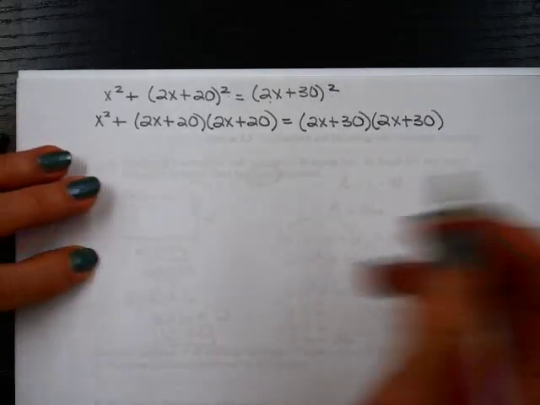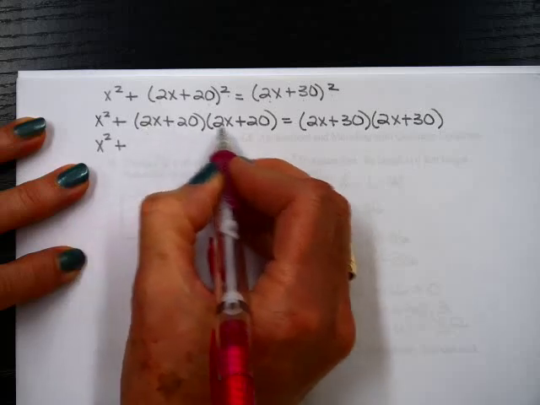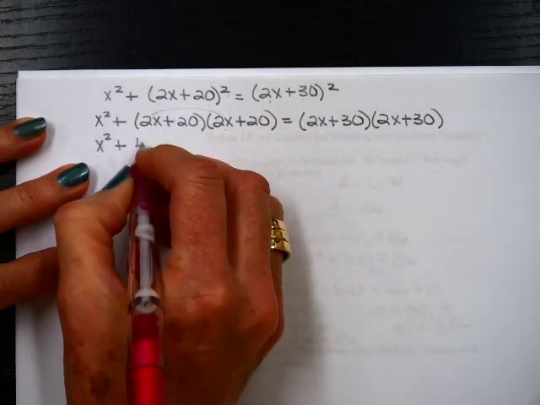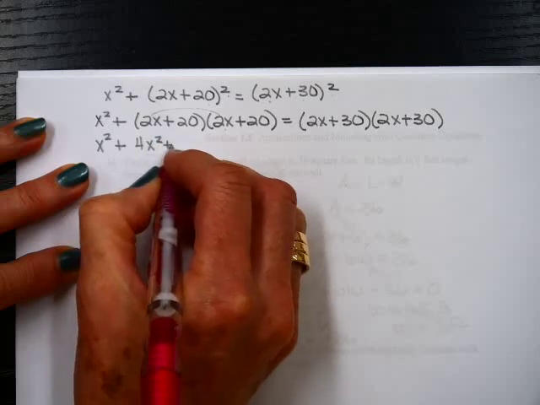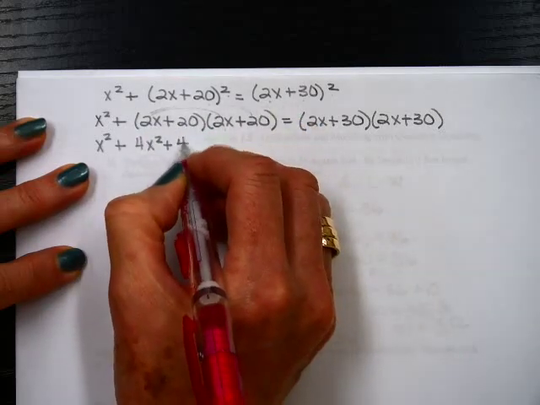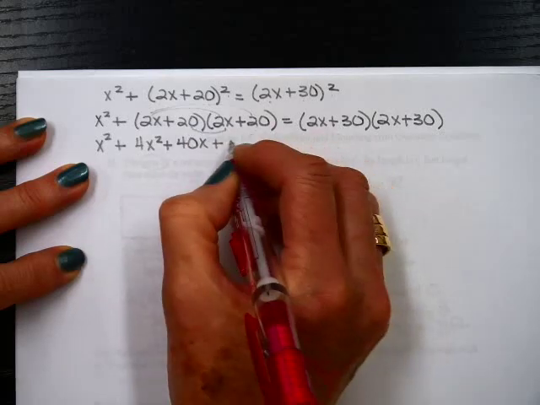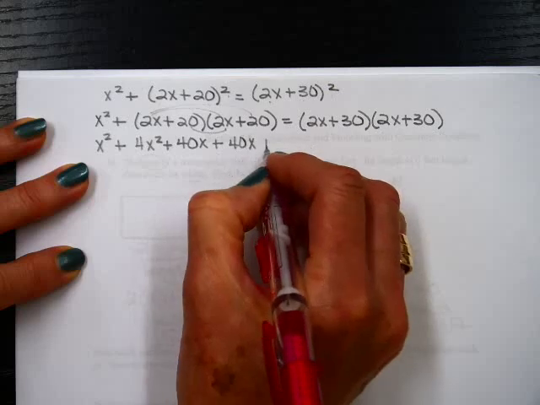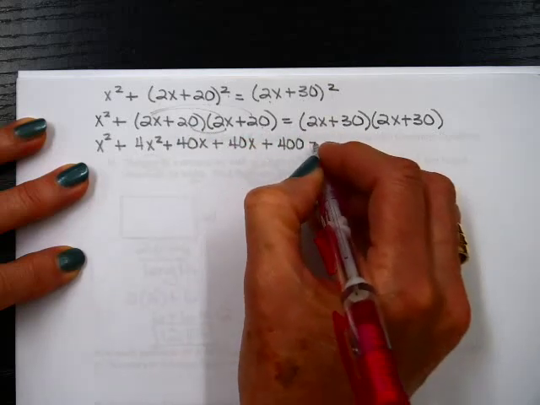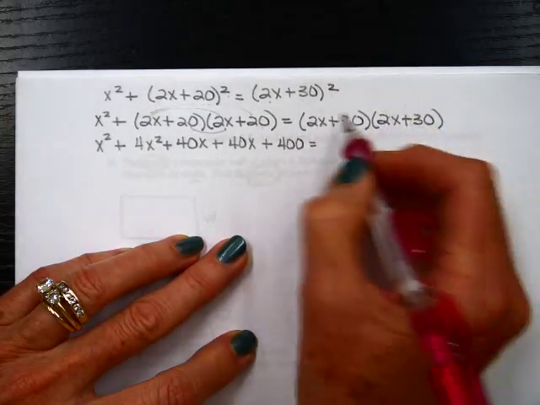All right, now we've got to get rid of our parentheses. We have x squared plus, we're going to FOIL this out. 2x times 2x, 4x squared, plus 2x times 20, 40x, plus 20 times 2x, plus 20 times 20 is 400, equals, same thing over here, FOIL it out.